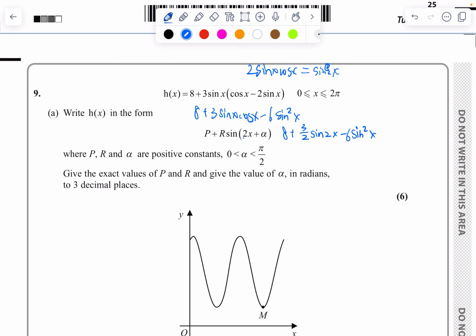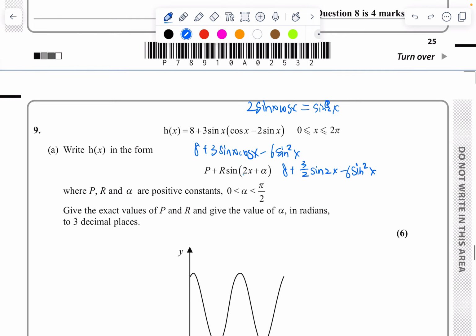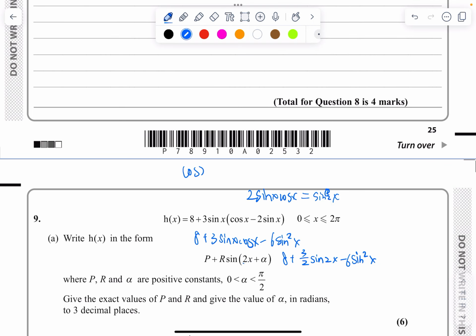What else can we do? I guess because we need to find 2x here, we have to find cosine 2x from here. So we know that cosine 2x equals cosine squared x minus sine squared x, which equals 1 minus 2 sine squared x.